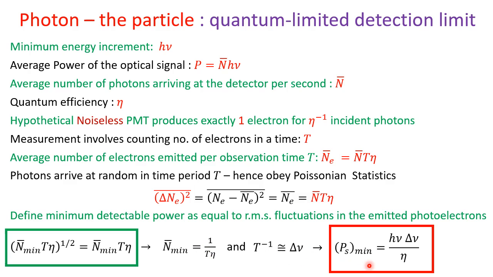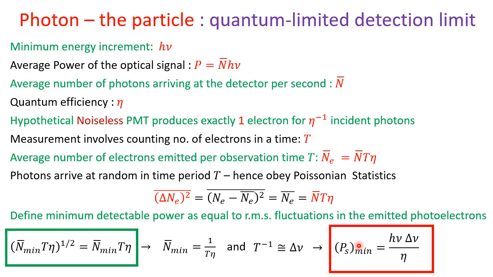So I can essentially write down my P minimum as basically h nu times n minimum, which is basically h nu times eta times t, where t is basically the bandwidth. So you get this very fundamental dependence that is coming out of simply the Poissonian nature of the photoelectron generation.